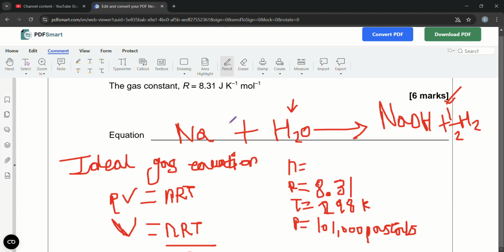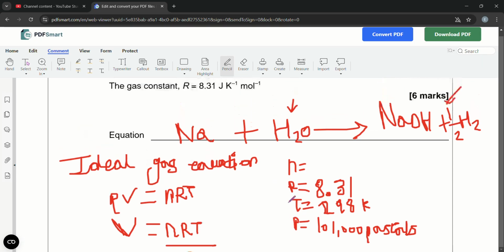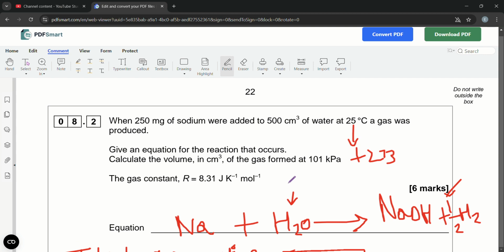And now the moles. So we need to work out the moles. That's all we need, and this simplifies it. So now I know that all I have to do is work out the moles. How do we work out the moles? We know the mass of sodium is 250 milligrams, which is 0.250 grams.